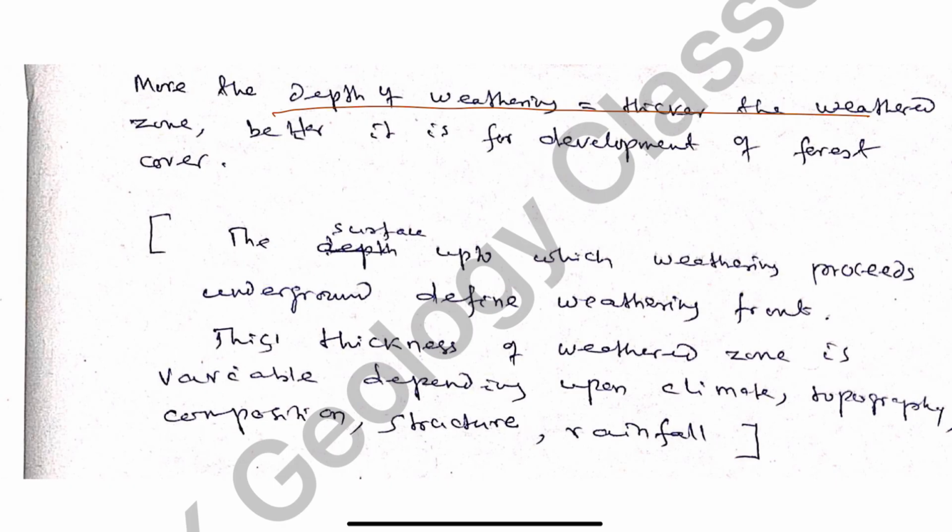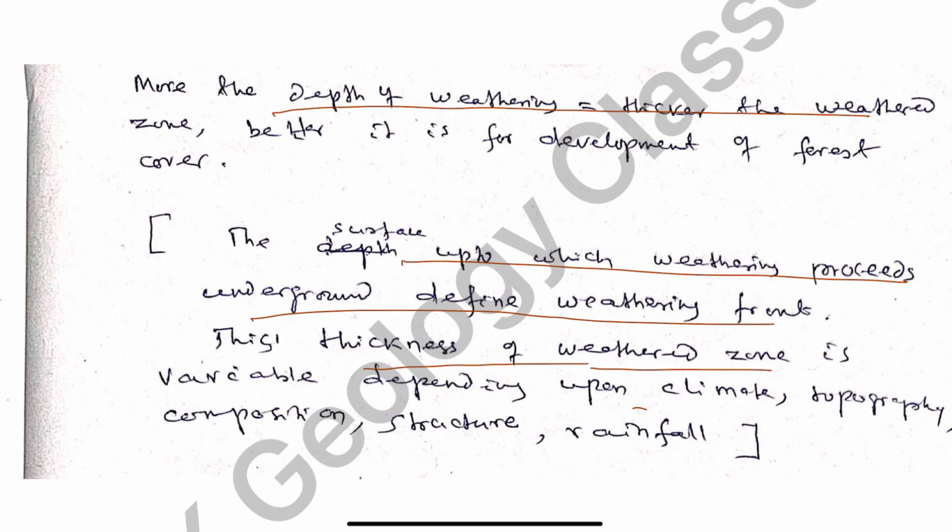This weathering front is found to be controlled by climate, topography, rock composition, rock structure and rainfall. All these factors control up to what depth weathering can go.